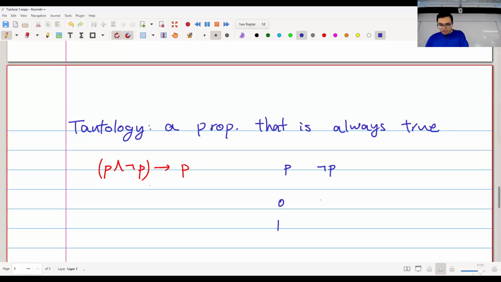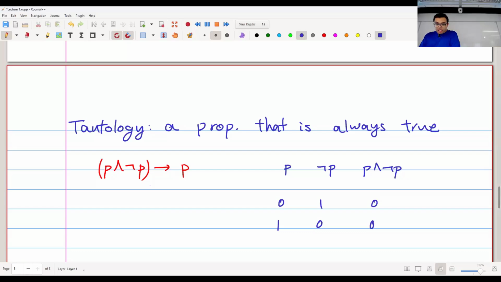If P is 0, not P is 1. If P is 1, not P is 0. Okay. Then what happens to P and not P? So you see, if P is 0, P and not P would be 0 and 1, which is 0. If P is 1, P and not P would be 1 and 0, which is 0.